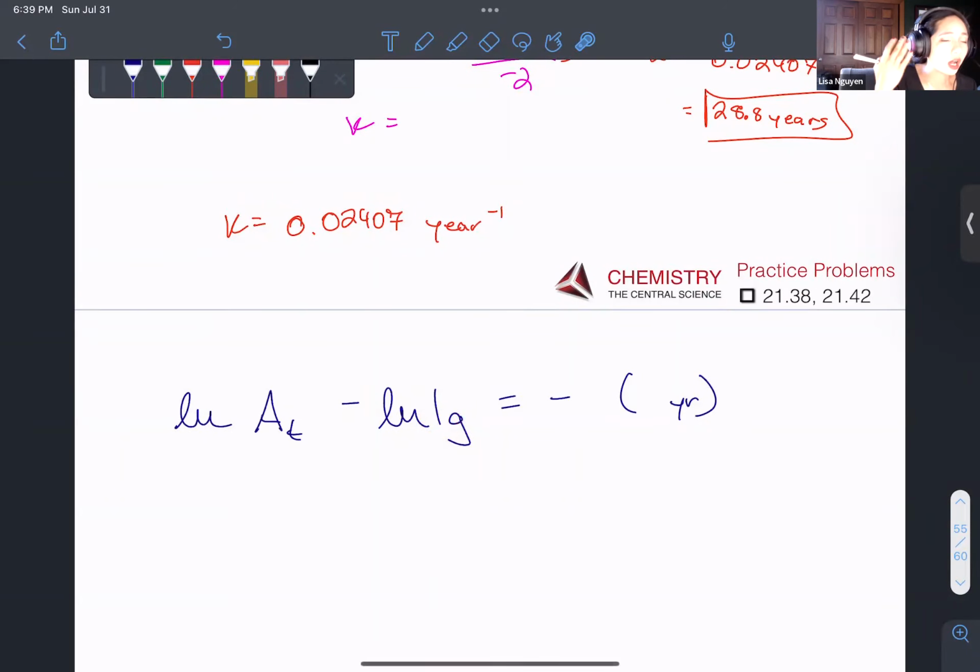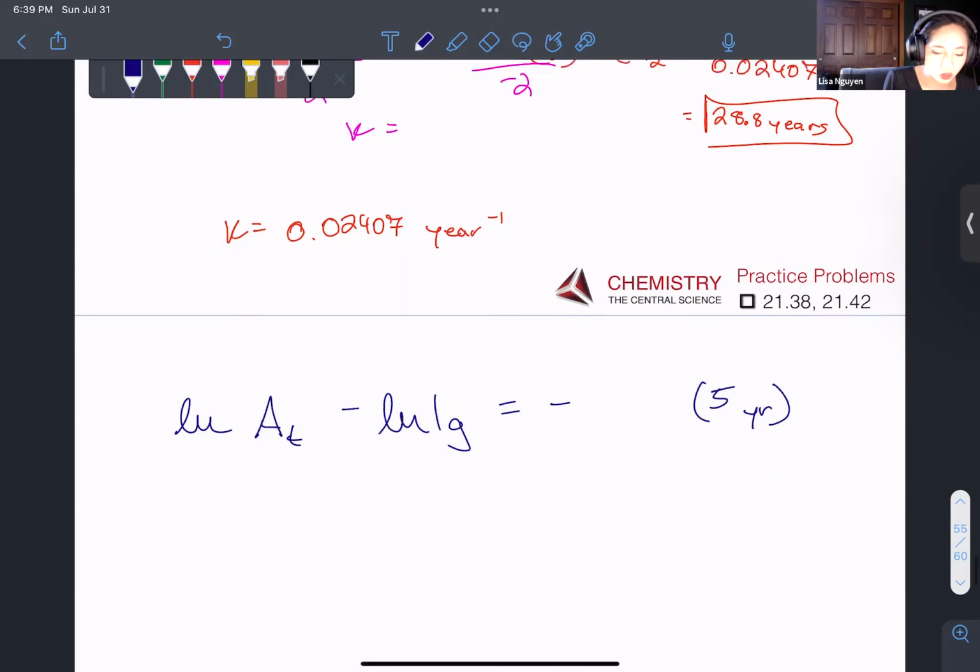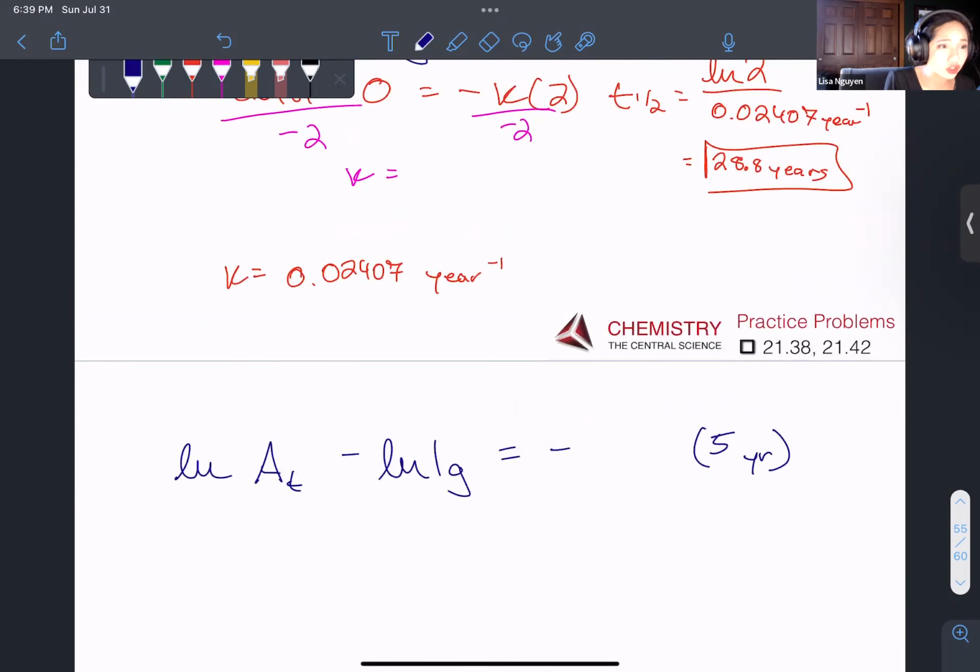We're still focusing on the 1 gram of the radioactive substance initially. We're just changing the time that's involved. So it's 5 years now. We are plugging in the K that we just got. We're not plugging in T1/2.